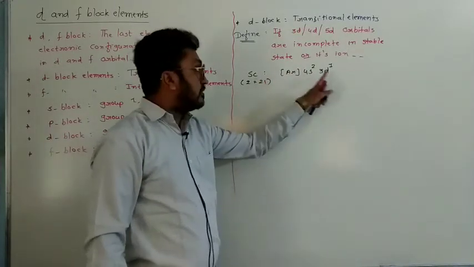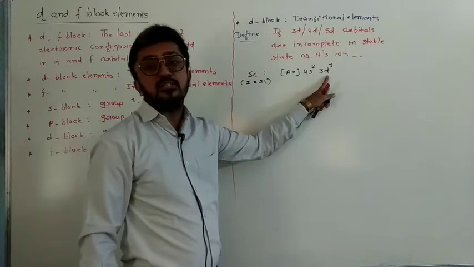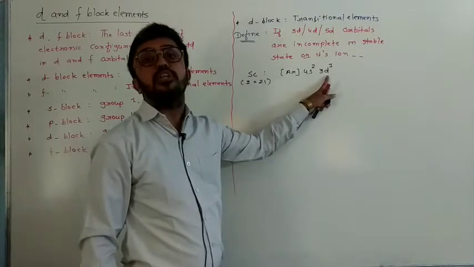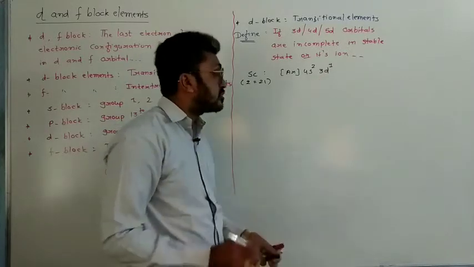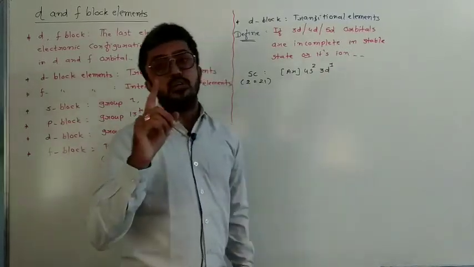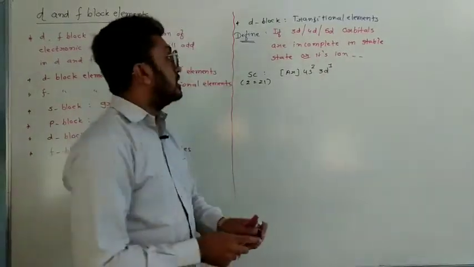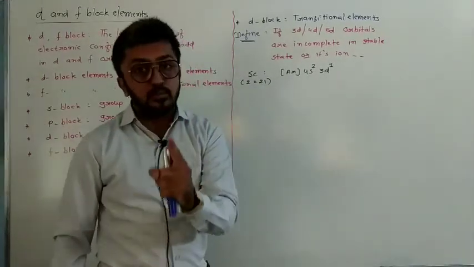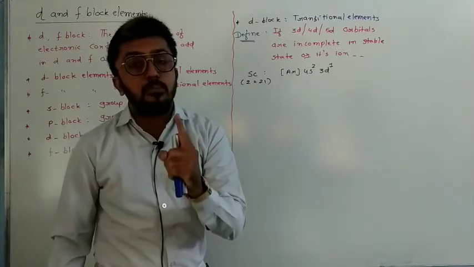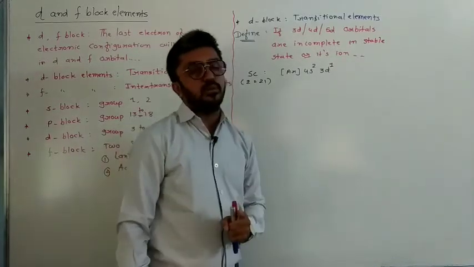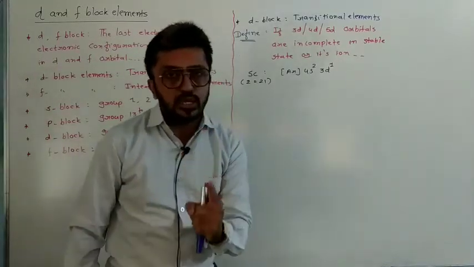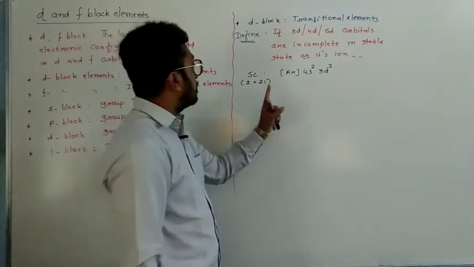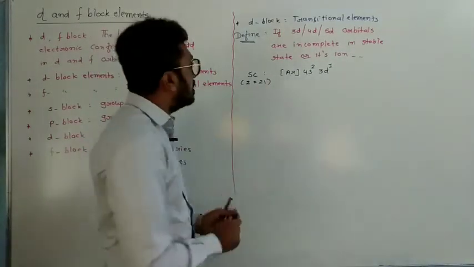We know that in d orbital there are 10 electrons. For completion of the d orbital we need 10 electrons, and in this electronic configuration the d orbital has only 1 electron. That's why scandium is a transitional element, because it has an incomplete 3d orbital. So if 3d or 4d or 5d orbitals are incomplete, then it is a transitional element.